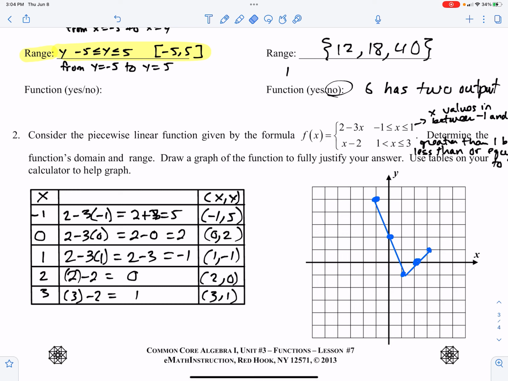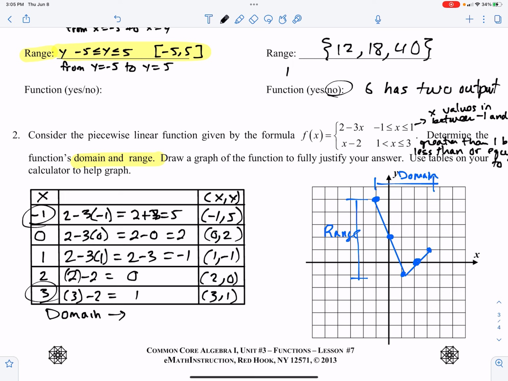Okay, now what's the domain and range of the function? Well, the domain is the set of all x values, right? There's your domain right there. How wide is the function? The range is the height of the function, which would be how tall is the function. Okay, so your domain goes from what?